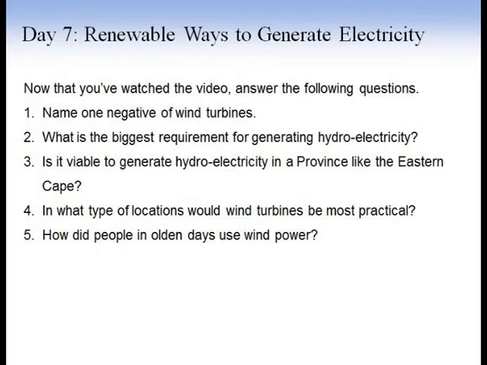Is it viable to generate hydroelectricity in a province like the Eastern Cape? 4. In what type of locations would wind turbines be most practical? 5. How did people in the olden days use wind power?